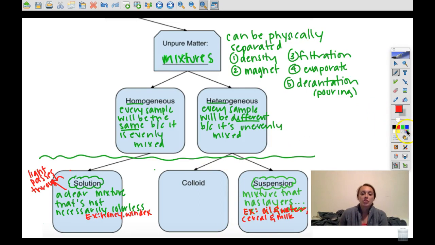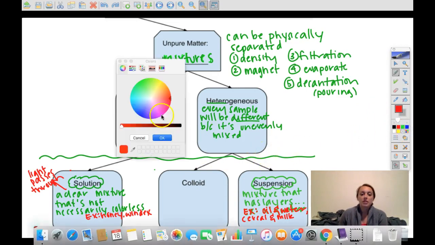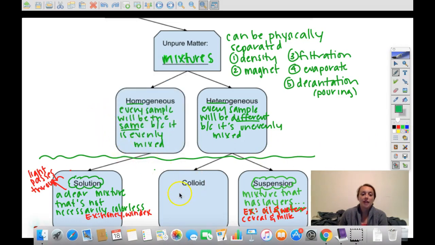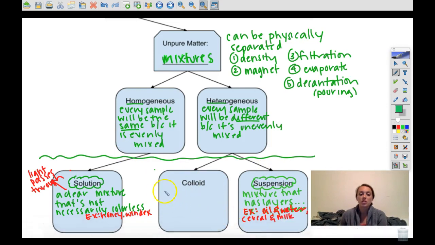The last mixture is actually pretty difficult to identify. And it's not because it looks different. It's actually because it looks identical to a solution, but with a clear difference. It's actually an unclear mixture that refracts light.